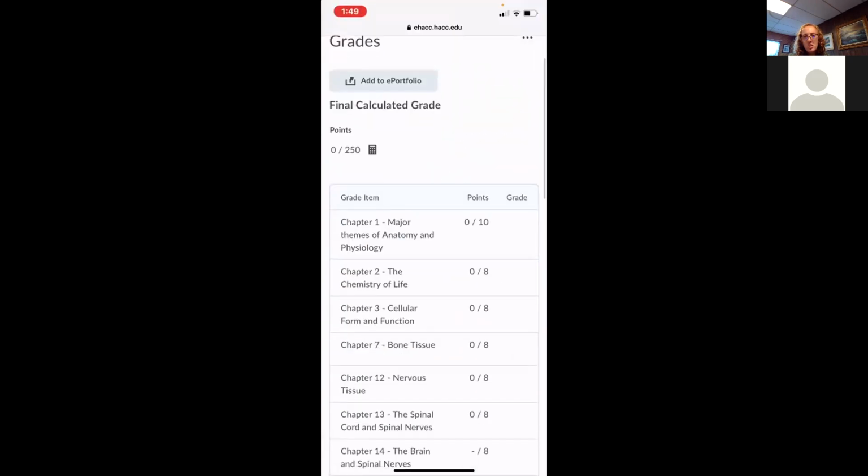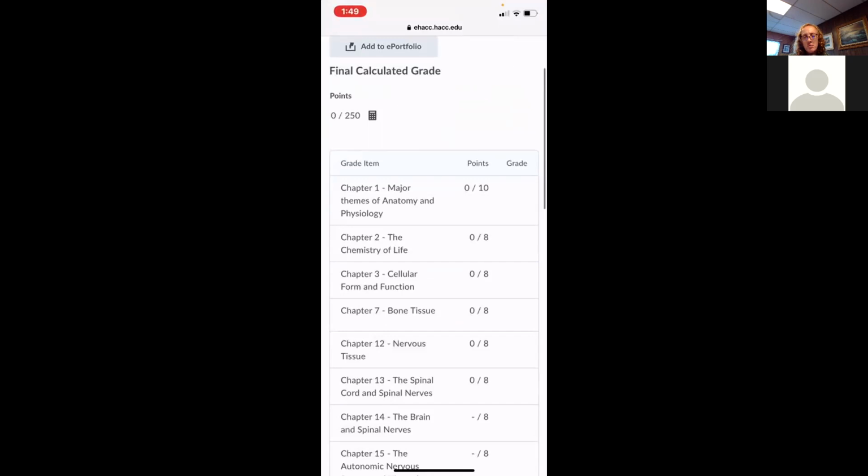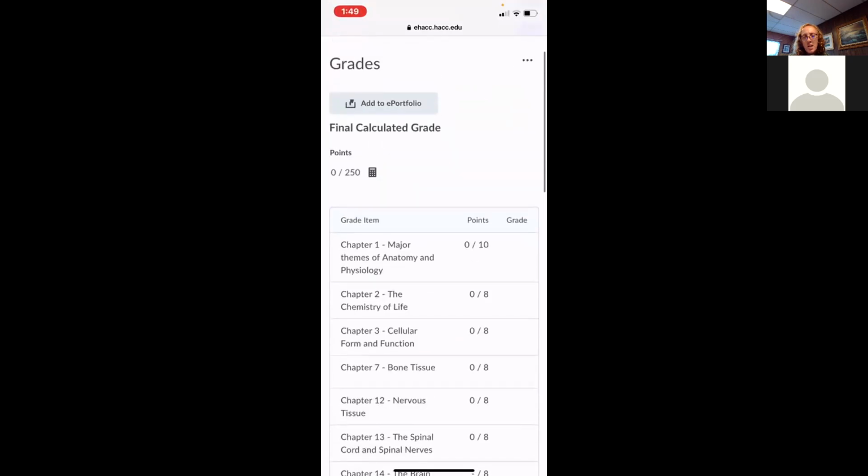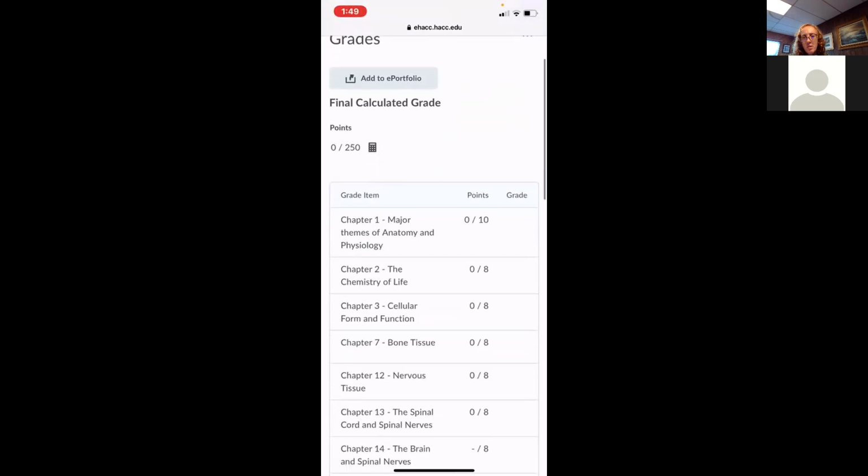Do you see where it shows grades? You see how they all say 0? Yeah, I don't know why it says that. That's what mine says too, and so I'm trying to understand where your work is going.